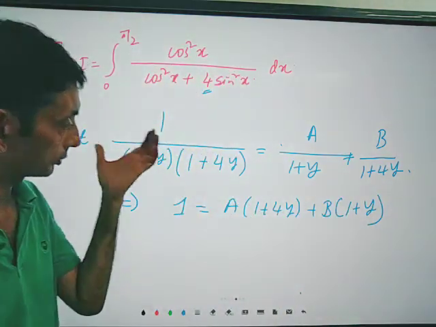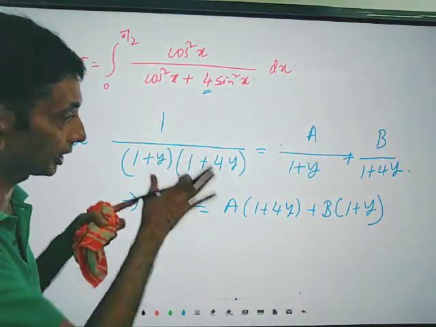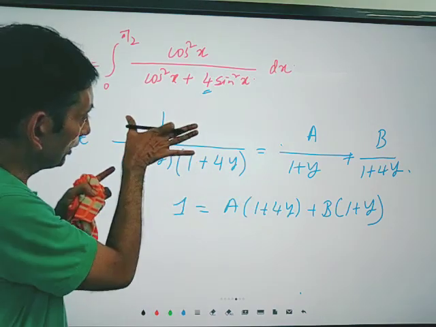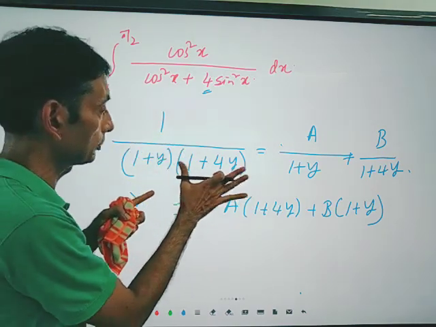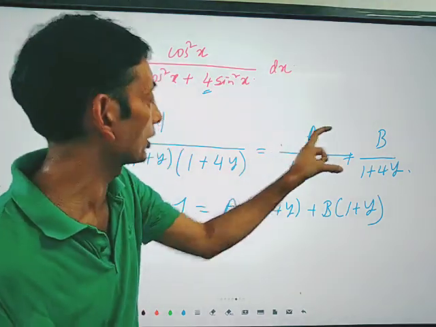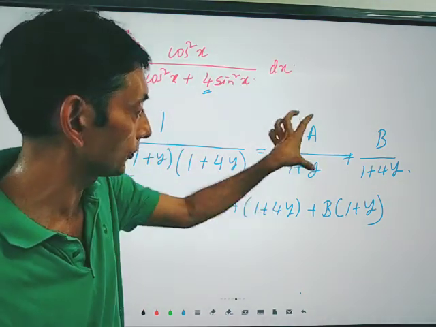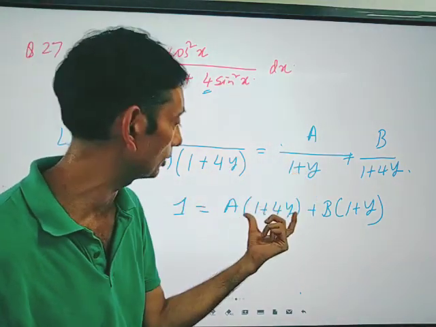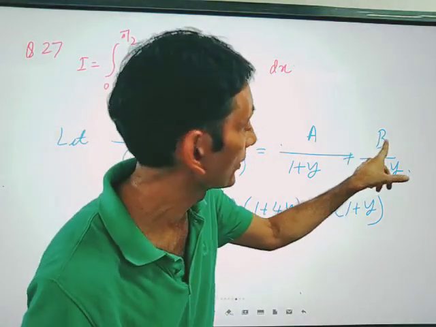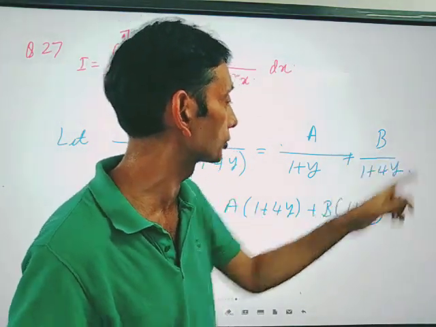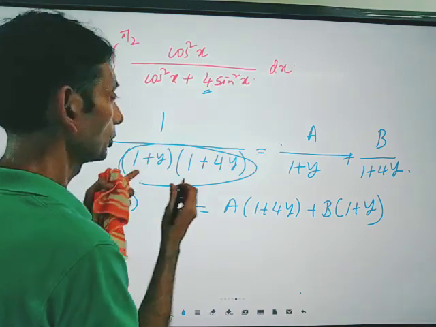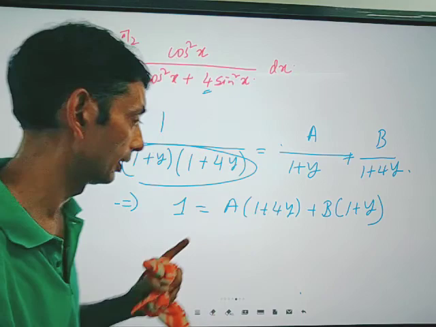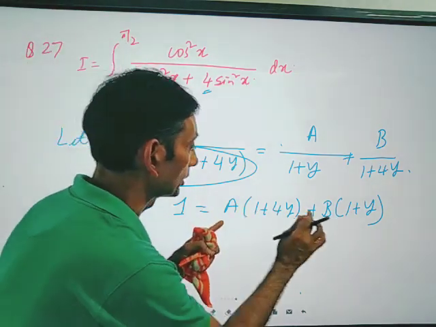Throughout these steps we are multiplying by (1 plus y)(1 plus 4y). The left term becomes 1. In the first term, 1 plus y cancels, leaving A times 1 plus 4y. Similarly, in the second term, 1 plus 4y cancels, so B is multiplied by 1 plus y.